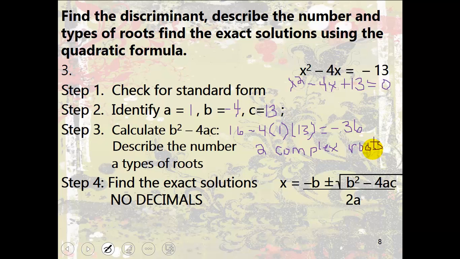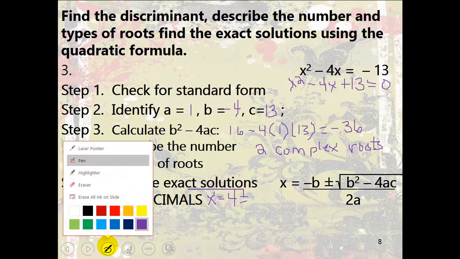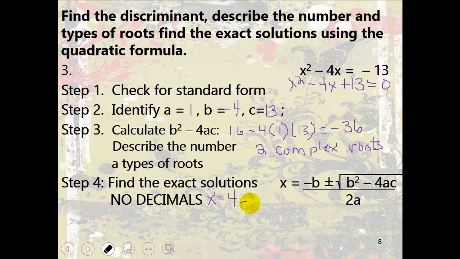And now I'm going to plug in, and so I get x is equal to 4 plus or minus the square root of negative 36 over 2.